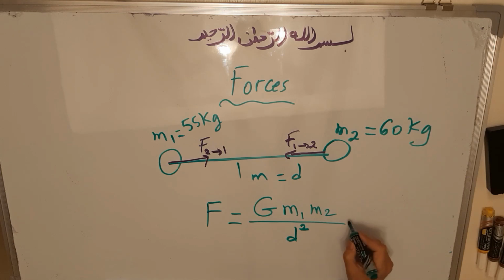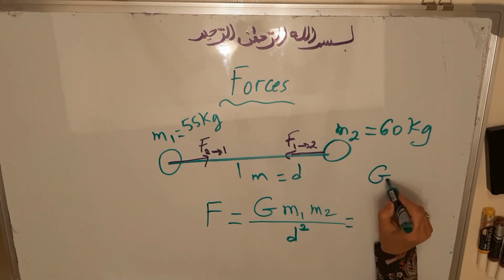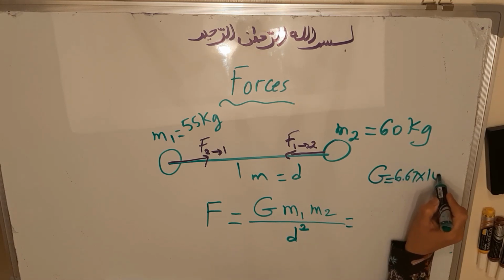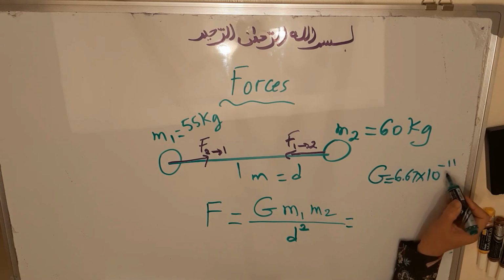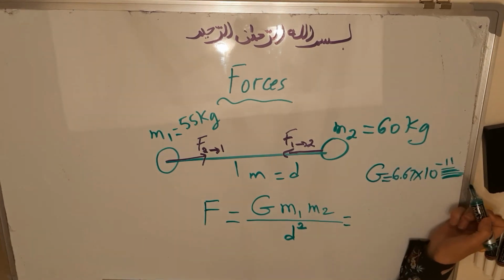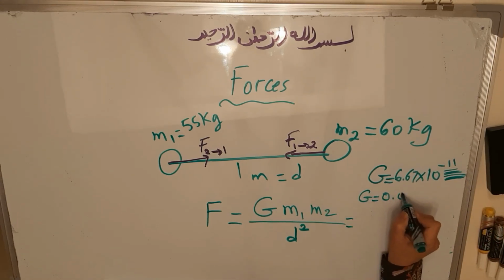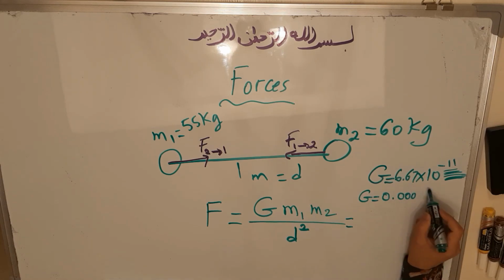In this example, I didn't give you G. The value of G is 6.67 times 10 to the power negative 11. Do you know the meaning of 10 to the power negative 11? It is G equals 0, and then I'm going to need to write 10 zeros.